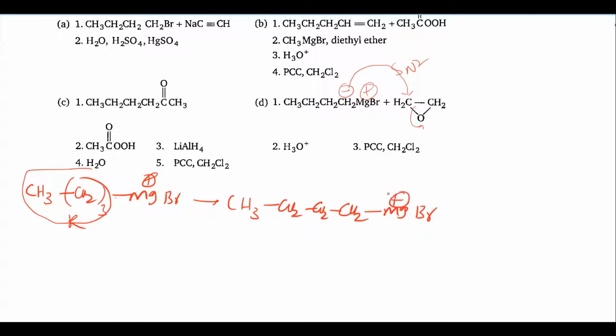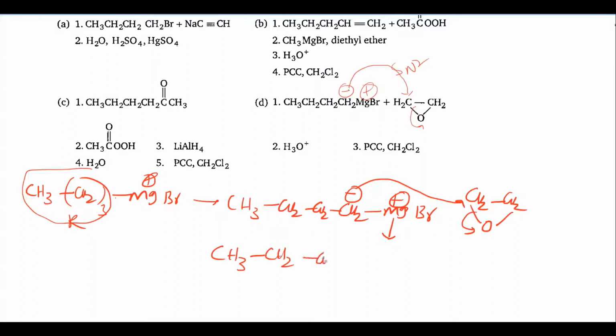This is positive charge and this is negative charge. So CH2 O, then CH3, CH2, CH2, another two CH2s, CH2 O MgBr. After that you can do hydrolysis.